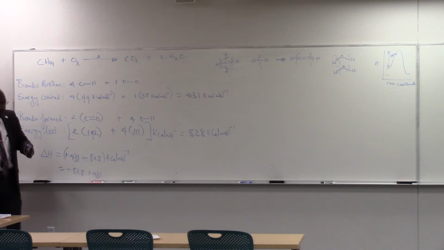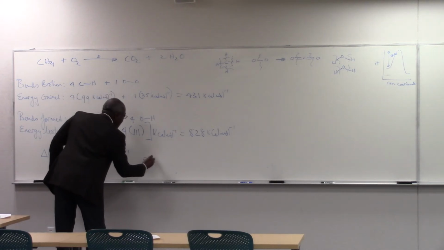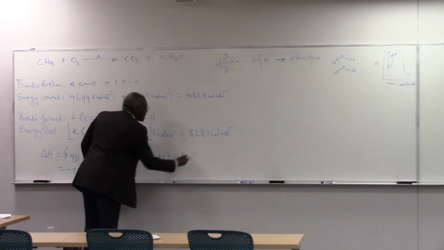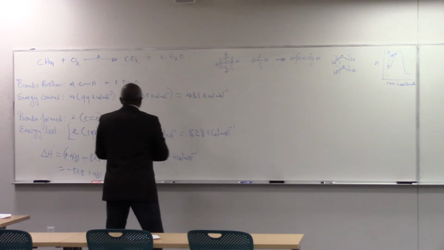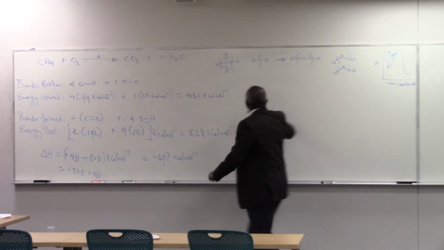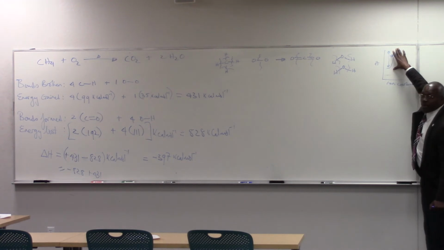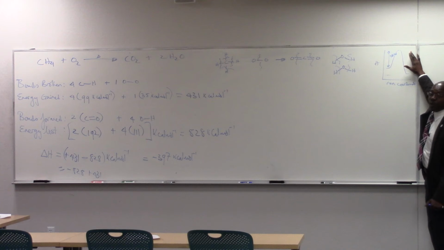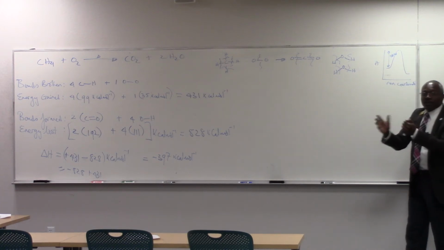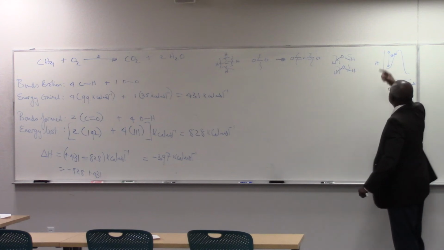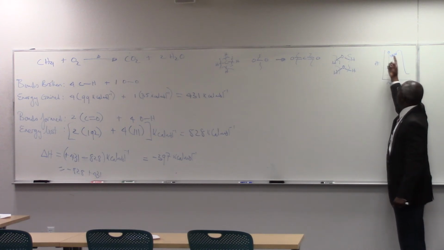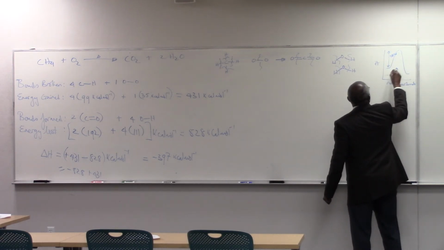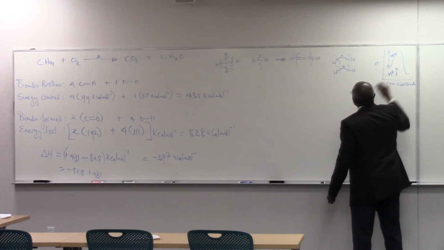So that turns out to be negative 397 kilocalories per mole. That is the delta H of the reaction. So we spent 431 to break the bonds, and then we got 828 when new bonds were formed. So overall, the delta H, the change, is the sum of plus 431 and negative 828. So this reaction is exothermic to the extent of 397 kilocalories per mole.